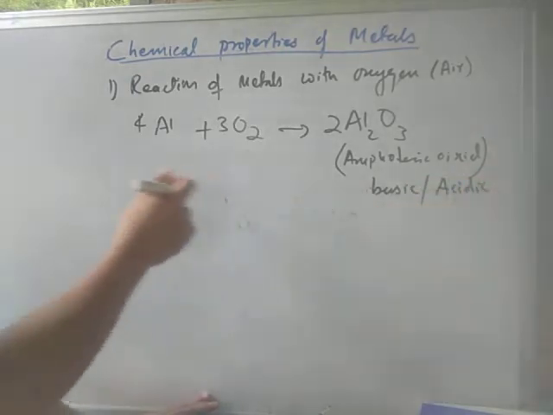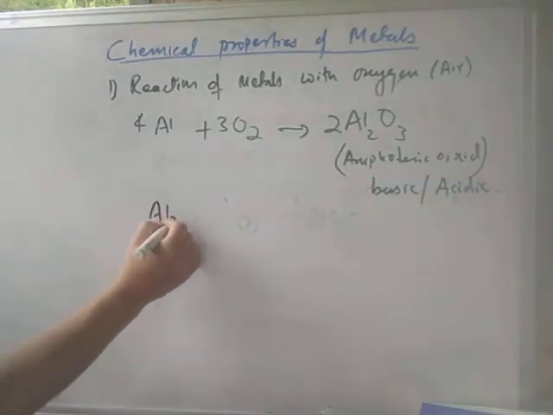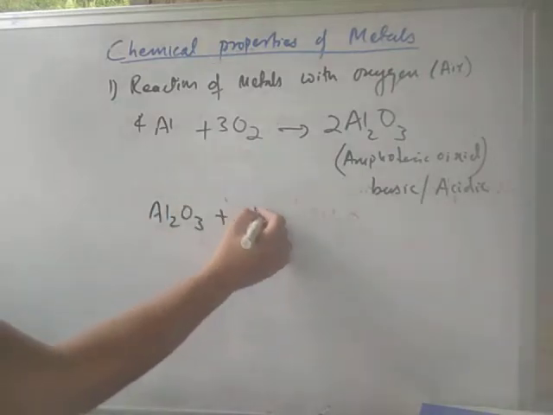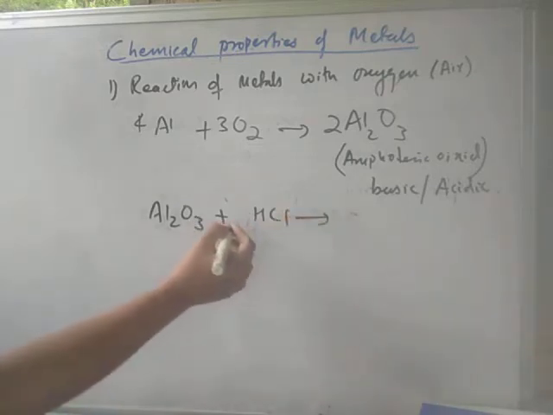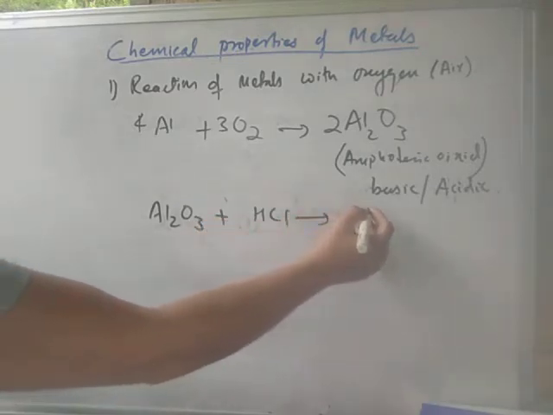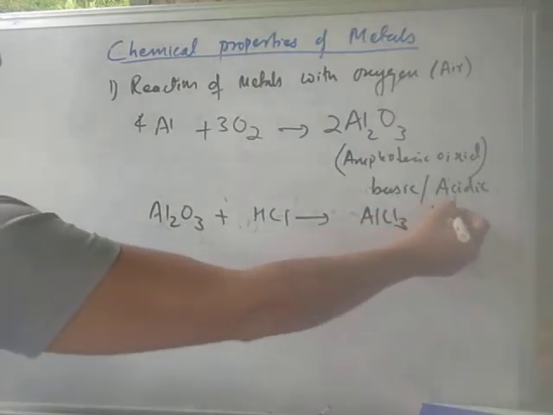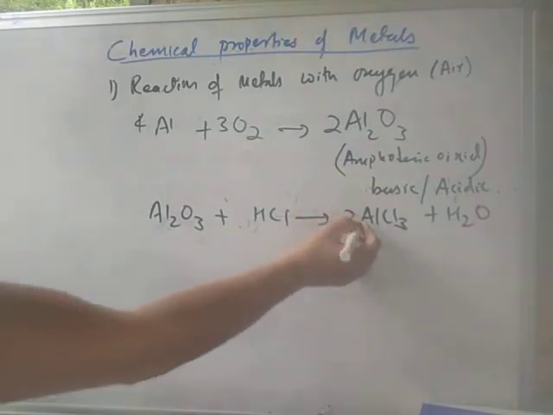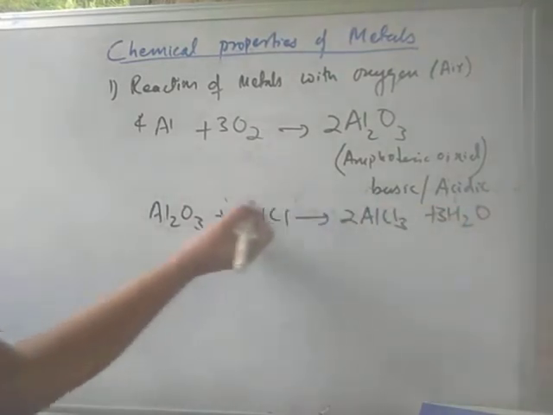For example, the amphoteric oxide Al2O3 plus, if you react with HCl, which is an acid, it gives salt plus water. You can balance it: Al2O3 plus 6HCl gives 2AlCl3 plus 3H2O.